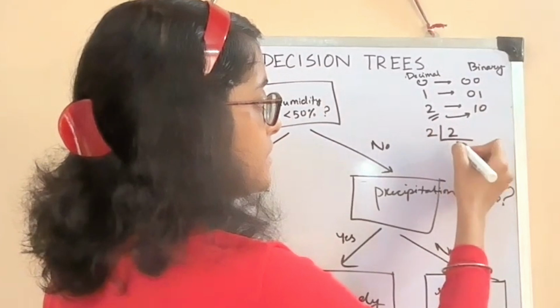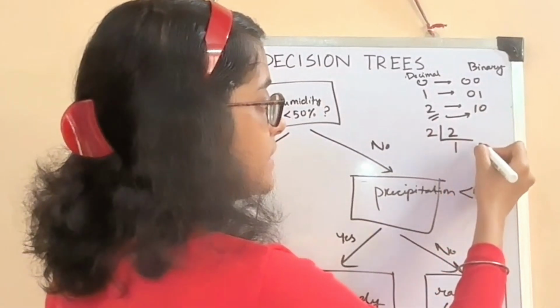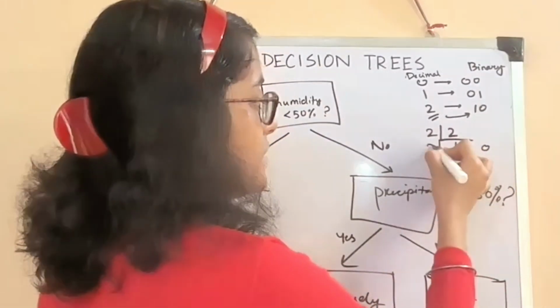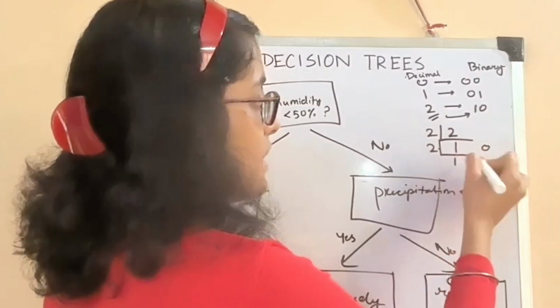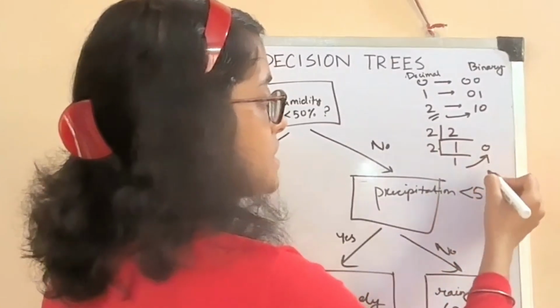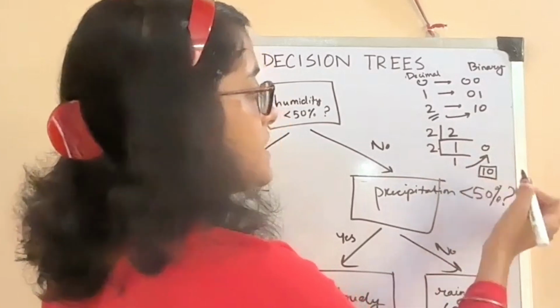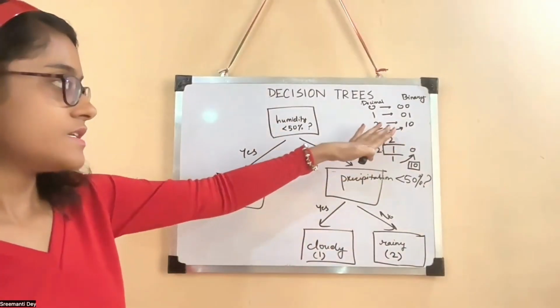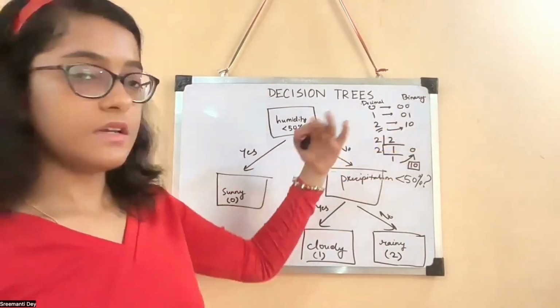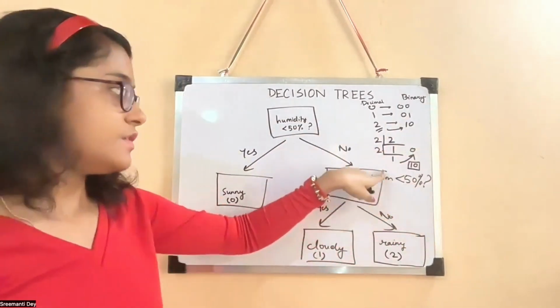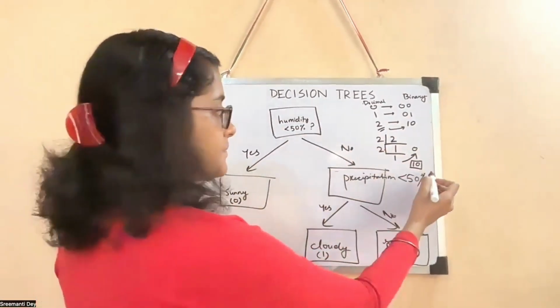So 2 divided by 2 gives quotient 1 and the remainder is 0. Again, we divide 1 by 2 and we get the remainder as 1. So this is how it goes. 1, 0 is our final answer. Regardless of whatever the number is, you take the remainders together in the reverse order and then you have the binary representation.